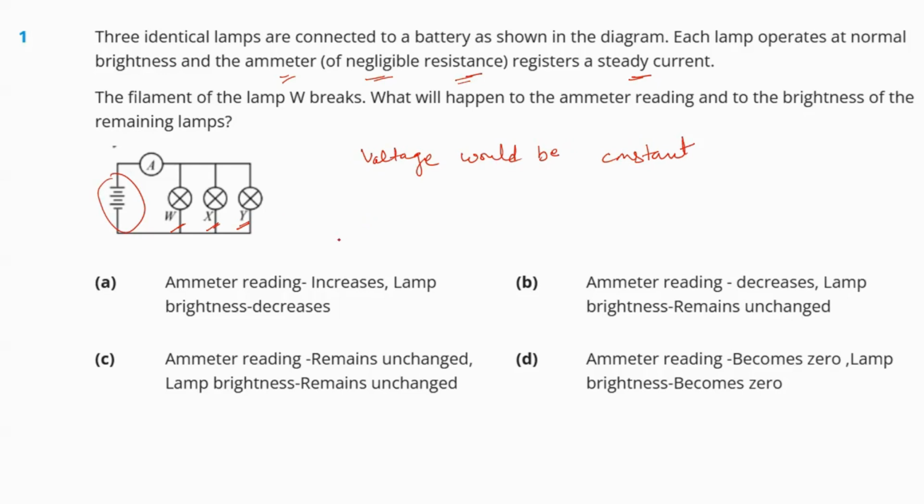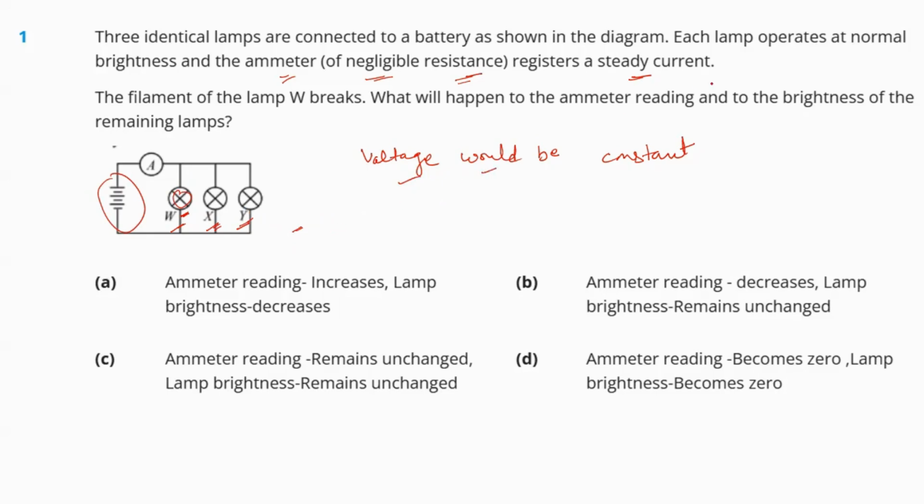Now what will happen as the filament of W is broken? When W is broken, this path would be open, and the paths for X and Y are still connected to the battery, and they will continue with the same brightness because voltage is constant.